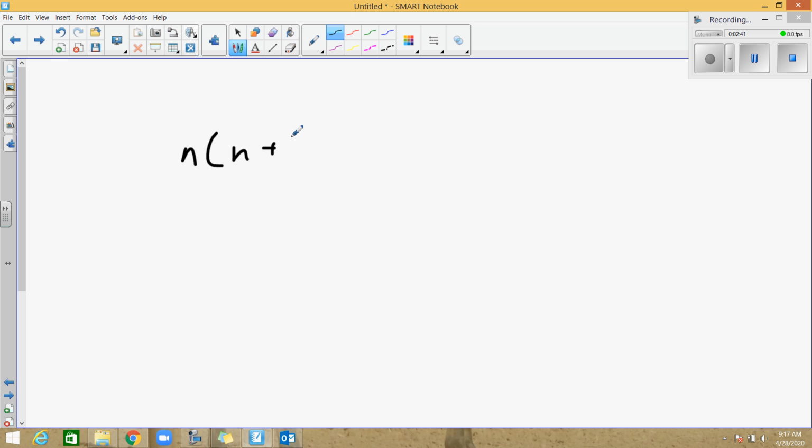n plus 4. All right, so basically the same setup as what we had previous slide. We're still going to distribute the n to every term, but we need to know a little bit of algebra here because when I take n times n, I get n squared. All right, and I don't think that's a huge jump for everybody. n times 4 is a positive 4n.